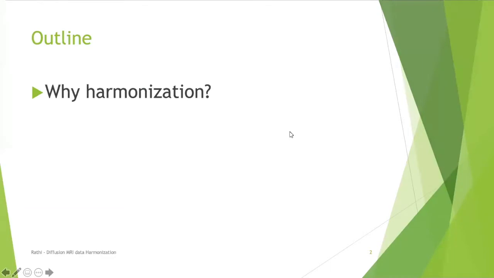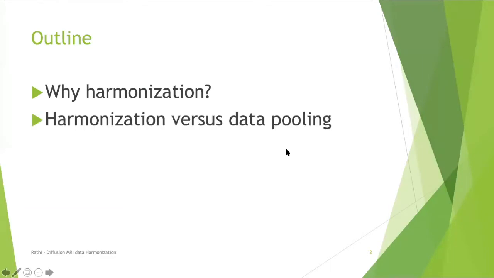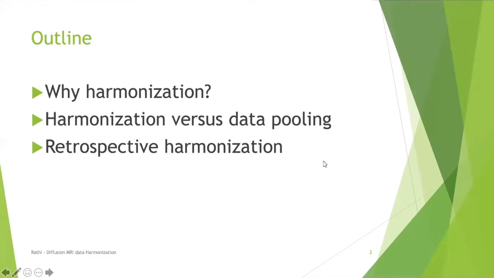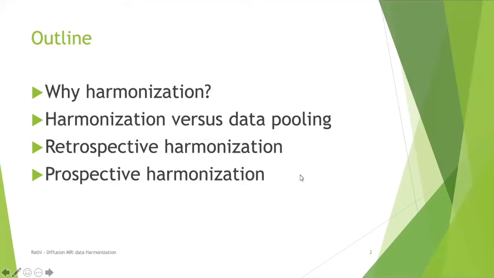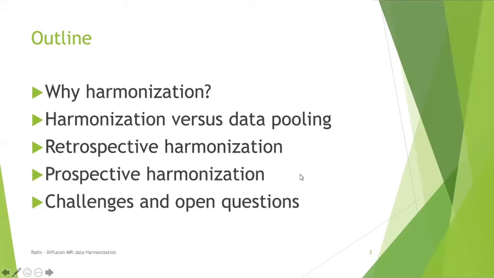I'm going to start with that and provide some perspective on what I mean by harmonization and how it is different than data pooling. And then I'll present some of our recent work on retrospective harmonization as well as prospective harmonization. And then I'll end the talk with some challenges and open questions both in harmonization and data pooling.